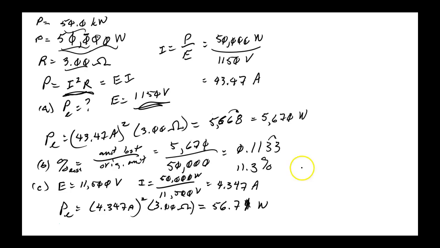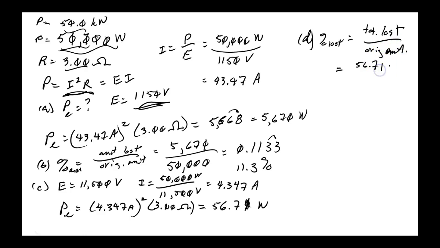So your percent loss, this is D, again, percent lost is equal to total loss, okay, it doesn't matter what I called it before, total loss divided by the original amount, okay, and that would be 56.71 if you wanted to carry that, whatever you want to do, watts divided by your 50,000, and see what you get then.